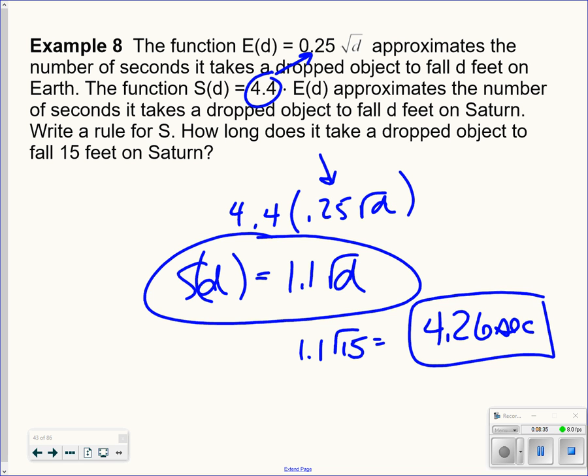So think about that. When you're on Saturn, the gravitational pull is not near what it is on Earth. When you drop something on Earth, if I were to do this question on Earth, you take the square root of 15 times 0.25, and that would be much, much faster. So again, it's multiplying by 4.4 times that long.